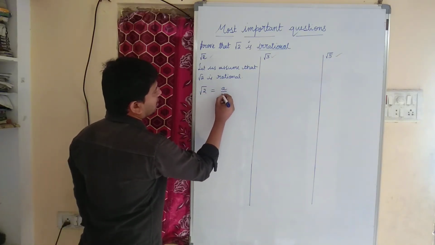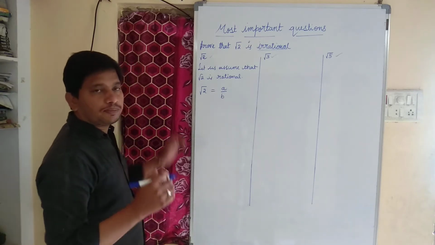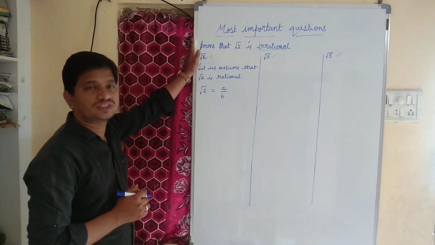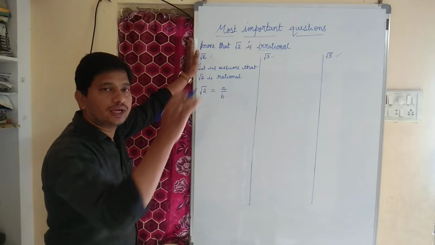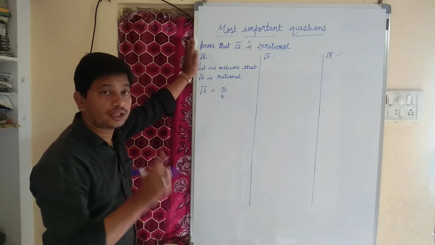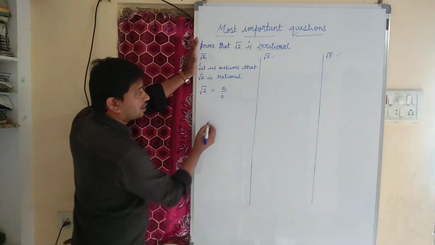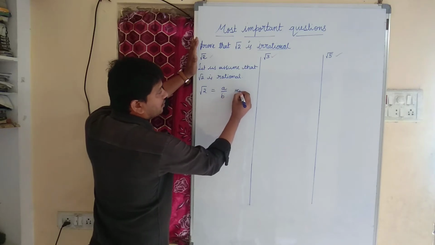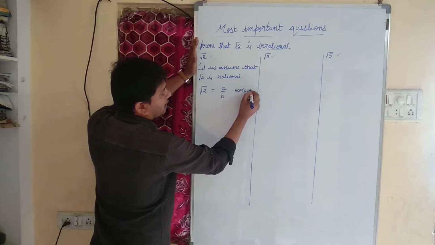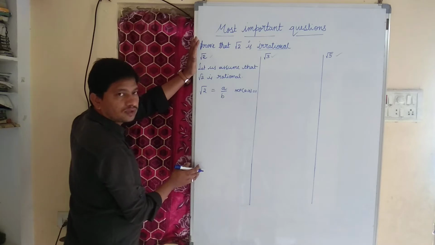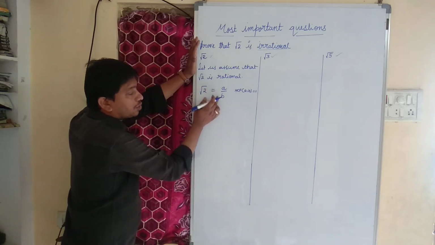Rational means it should be in the form of either p by q or a by b, right? And the most important point is here, HCF of a comma b must be equal to 1. I mean, a and b are co-primes.